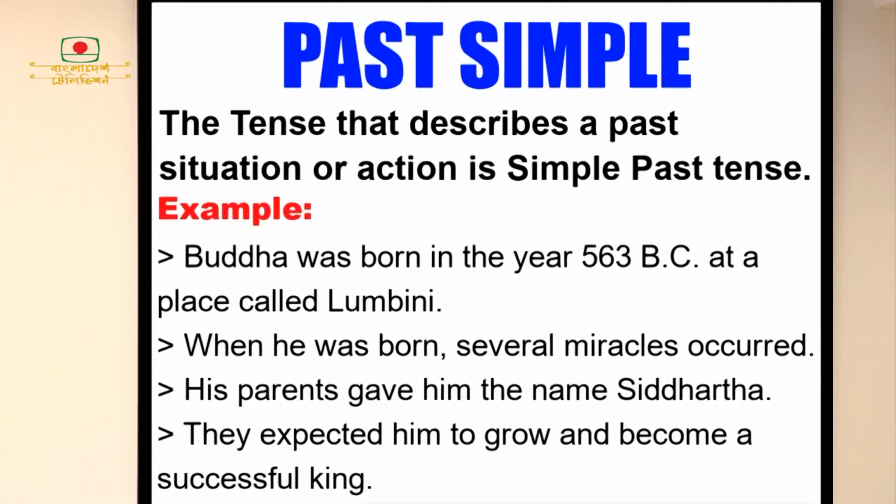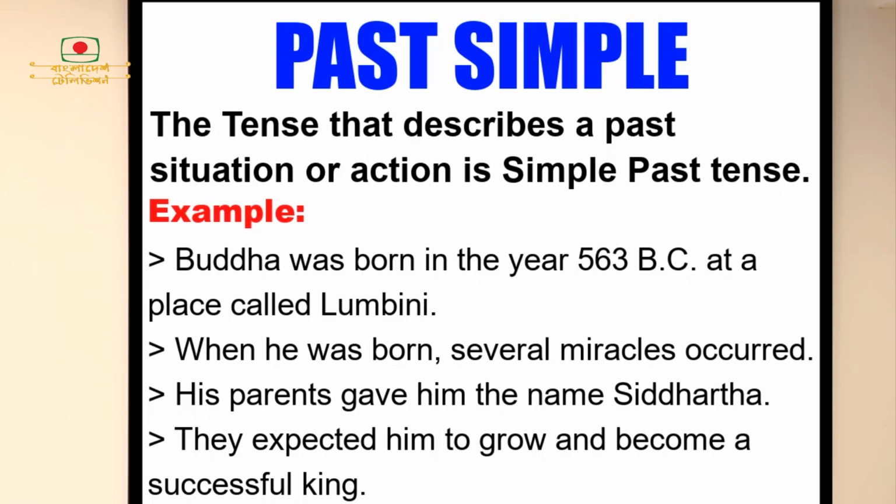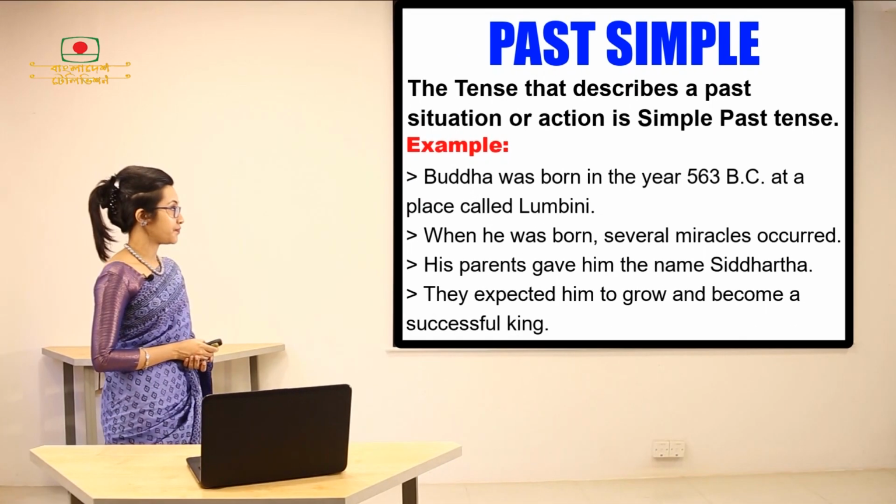For example, Buddha was born in the year 563 BC at a place called Lumbini. When he was born, several miracles occurred. His parents gave him the name Siddhartha. They expected him to grow and become a successful king.